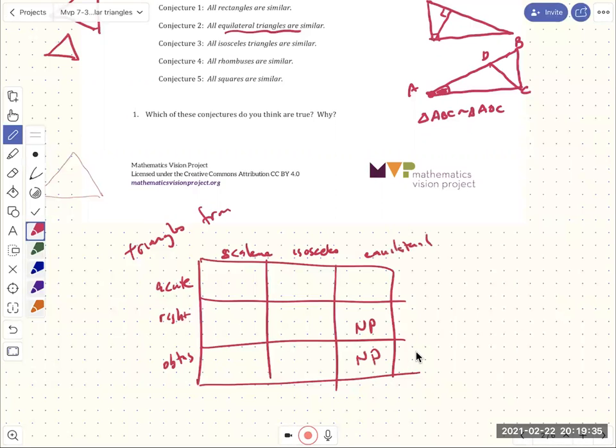But in particular, when you look at isosceles, you say, well, I can have an acute isosceles, right? And I can have a right isosceles, and I can have an obtuse isosceles, right? If that's in the middle. So clearly those are not similar. Okay. But they also don't have three angles that are equal.